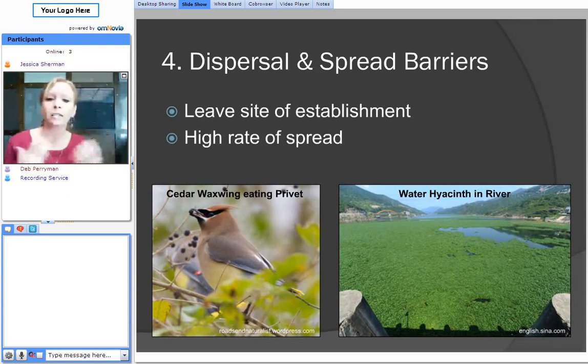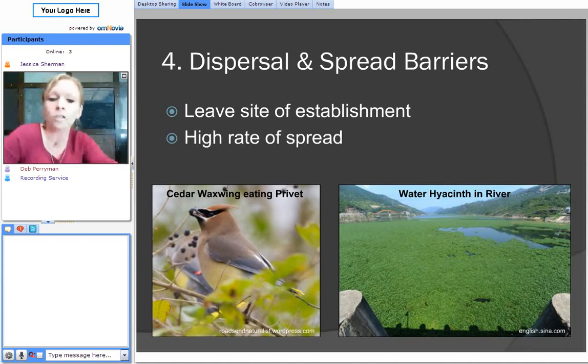So there are a couple of ways that dispersal can happen. In the bottom left picture is a cedar waxwing. Now that's a native bird, but it's eating a berry from a hedge called privet. And when birds eat the berries, they'll fly off and later digest and release the seeds into new areas. So that's one way that species can be dispersed. Another way is through just basic water flow.